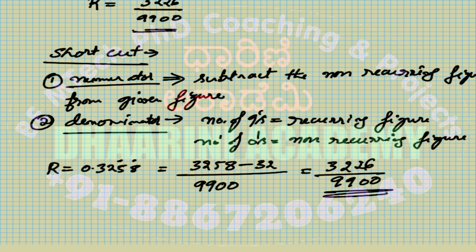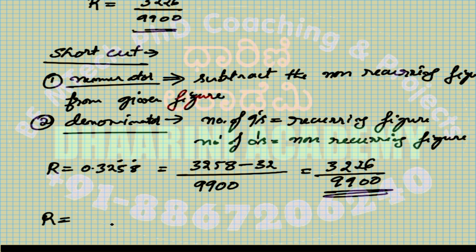Let's solve using the shortcut now. For the second problem, I want you to solve this one: 1.327, where 27 is recurring. The 1 you keep as it is, because whole numbers are not considered. I write this as 1 plus 0.327, out of which 27 is recurring.